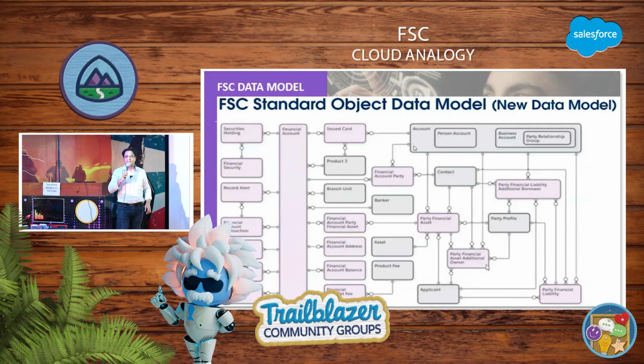So all the products can be configured here, right? Product 2 is one standard object. This is the centralized product for every sales, service and any other cloud solution where you can configure the products.